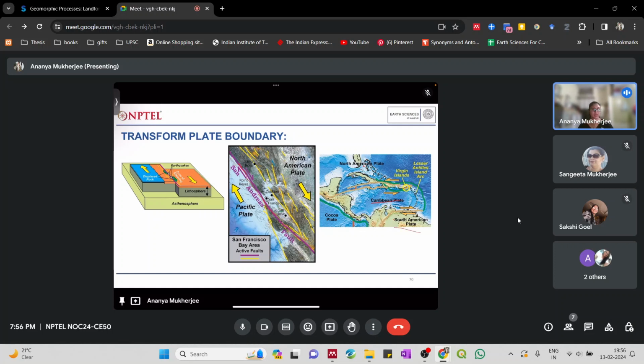These are all due to the different directions in which the plates are moving. These might be subducting somewhere else, maybe towards the eastern side, and because of that movement, it creates a transform fault or transform plate boundary with a different plate.